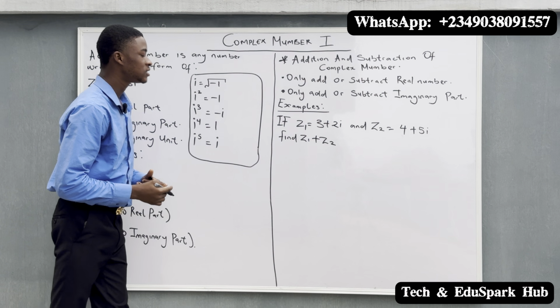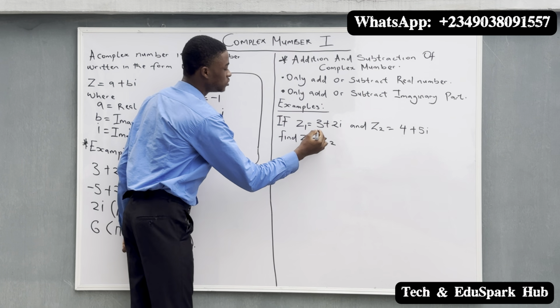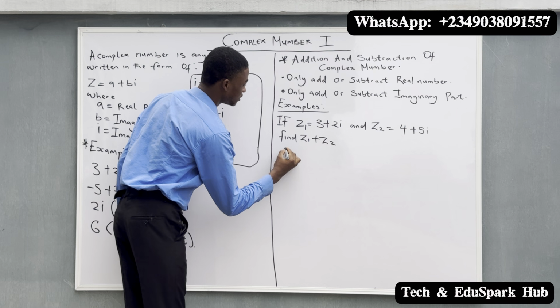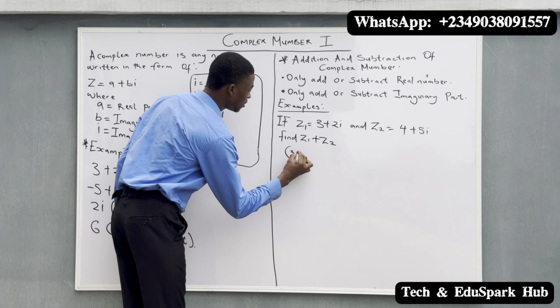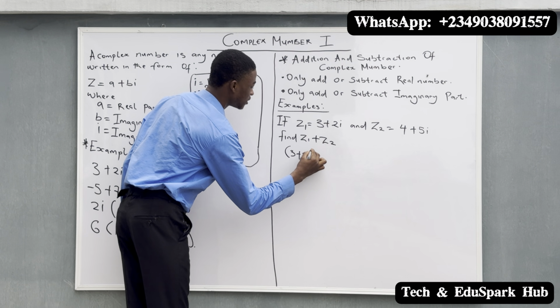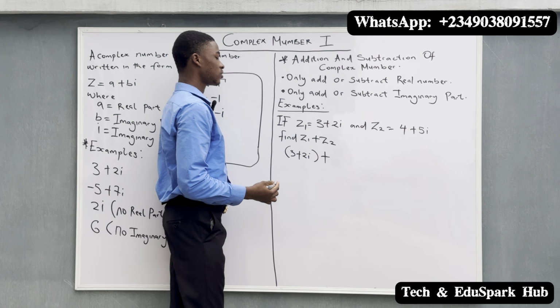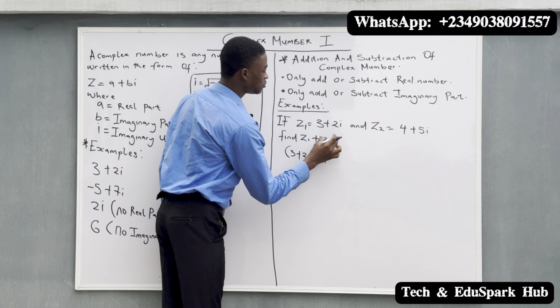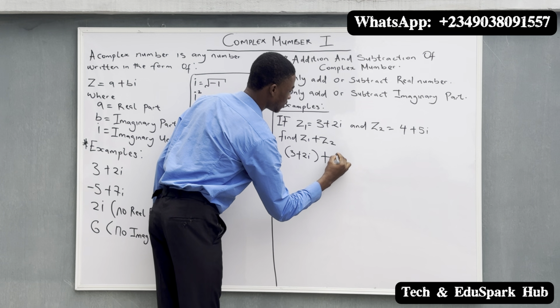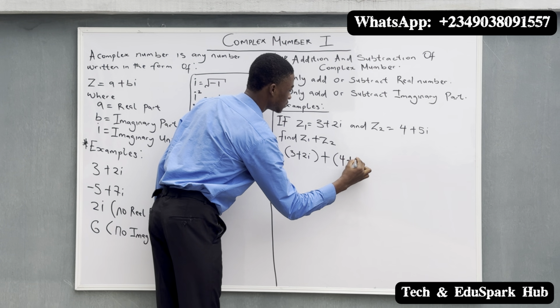So how do we solve this example? The first thing to do is to write this z1 in a bracket. So we can have 3 plus 2i in a bracket, followed by the addition sign, which is the plus that we are looking for. And we can write the z2 in another bracket, which is 4 plus 5i.